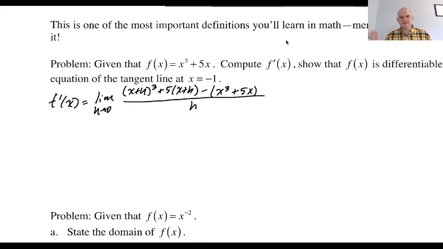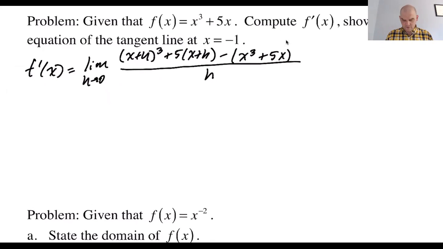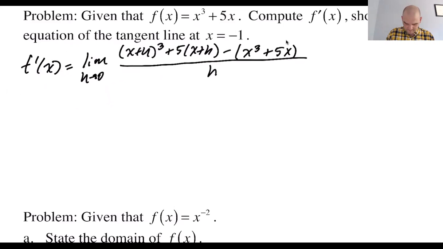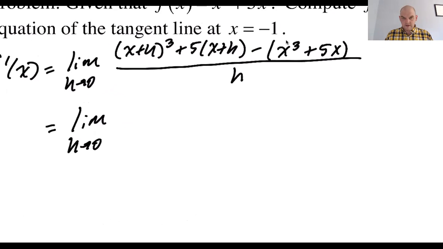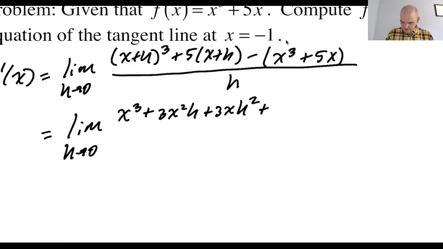Okay, so I'm going to have to expand this, I guess. Luckily, we did that review a little while back, so hopefully the way to expand this is familiar to you. Limit as h approaches 0. I'm going to make this bigger. All right, here we go. So it's 1, 3, 3, 1. So it's going to be x cubed plus 3x squared h plus 3x h squared plus h cubed.